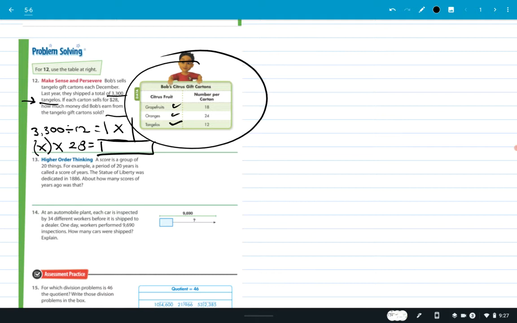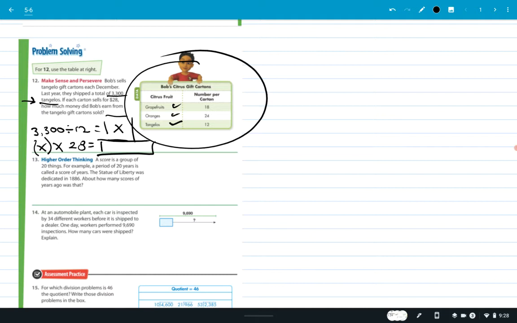Okay? Number 13, a score. A score is a group of 20 things. It says, for example, a period of 20 years is called a score. There was a famous speech by Abraham Lincoln, and he said 77 years ago. So a score is 20 years. And it says the Statue of Liberty was dedicated in 1886.